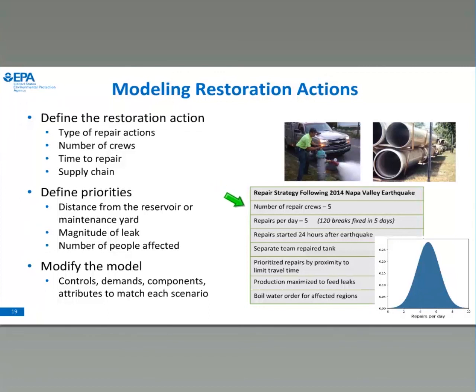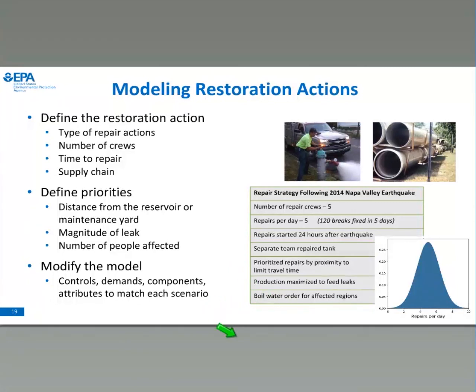They had a number of repair crews as 5, and each of those repair crews were able to do about 5 repairs per day. The repairs started about 24 hours after the earthquake, and they had separate teams to repair the pipes versus the tanks. And then they prioritized the proximity of traveling to different locations by time, so that they're able to maximize the leaks and so forth.